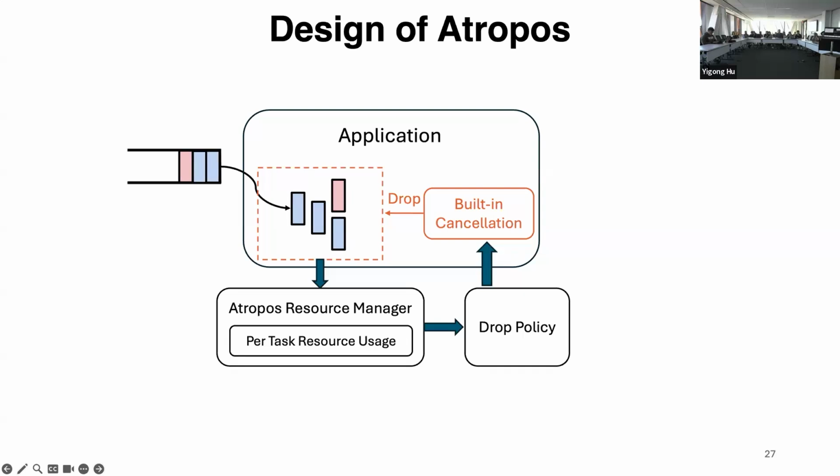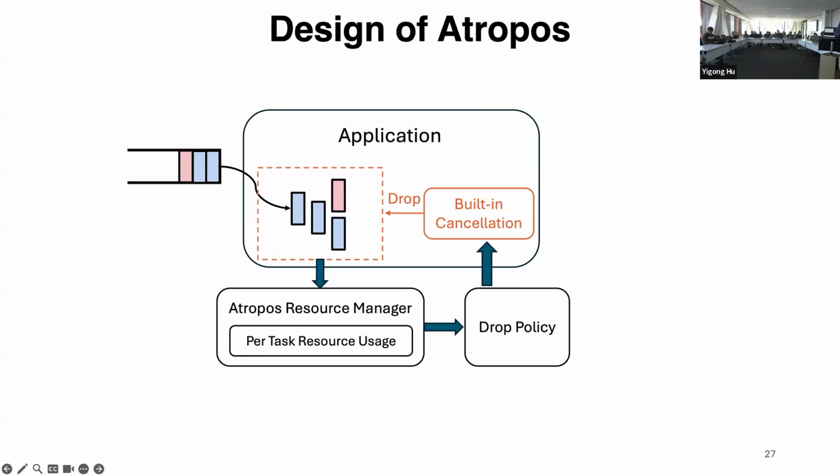We trace the per-task resource usage and generate a big table: for each resource, we have the contention level and the per-task resource gain. We provide this to our policy engine, and this engine will make a decision on which request to drop and call the callback back to the application's built-in cancellation mechanism, which will do the detailed drop operation.